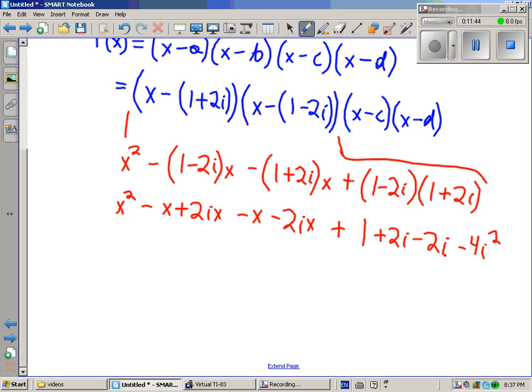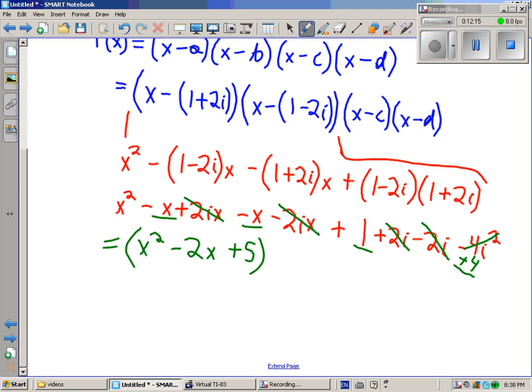Now we can start canceling a lot of these out. Plus 2ix minus 2ix, plus 2i minus 2i, and then minus 4i squared becomes plus 4. So what this becomes is x squared, minus x minus x gives minus 2x, and then 1 plus 4, so plus 5. So our polynomial is that times x minus c, x minus d.